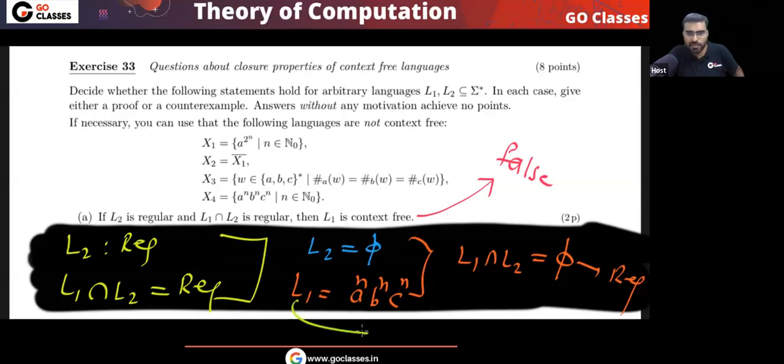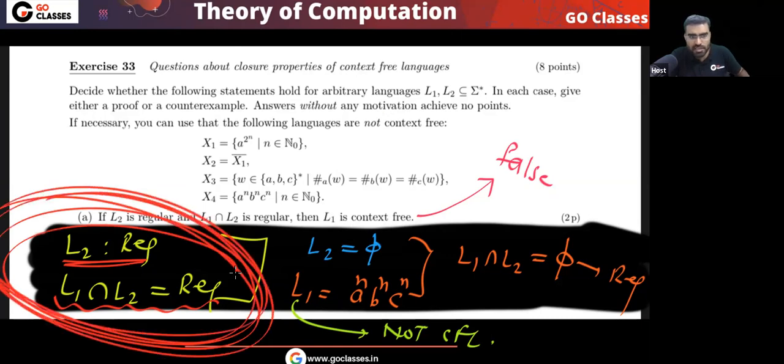Is this clear? So this statement is false. Did you understand? If L2 is regular and L1 intersection L2 is regular, these two things are given.